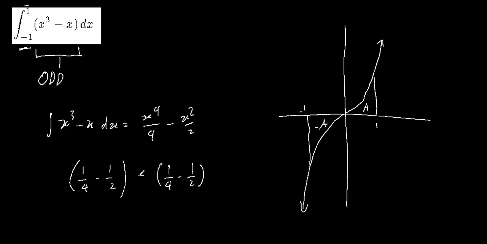We always get 0 if we have a purely odd function and our two bounds are negatives of one another. This is a special case. Another special case is when our upper bound and lower bound are both the same thing.